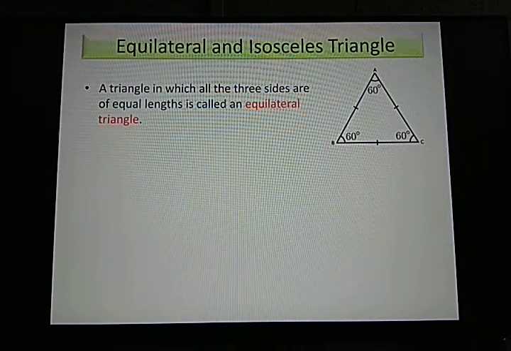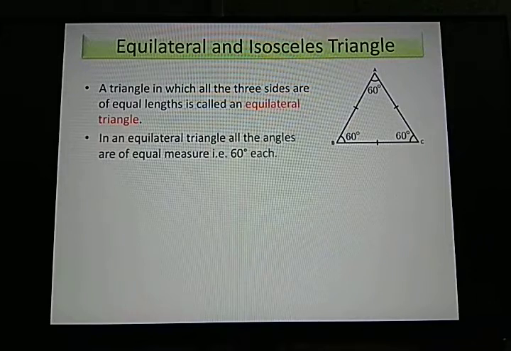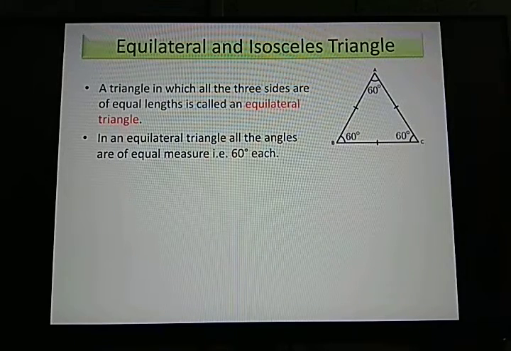Now one more interesting fact about an equilateral triangle is that not only are the lengths of the three sides equal, but the measurements of the three angles of an equilateral triangle are also equal. So that is what is said in the next point: in an equilateral triangle all the angles are of equal measure.